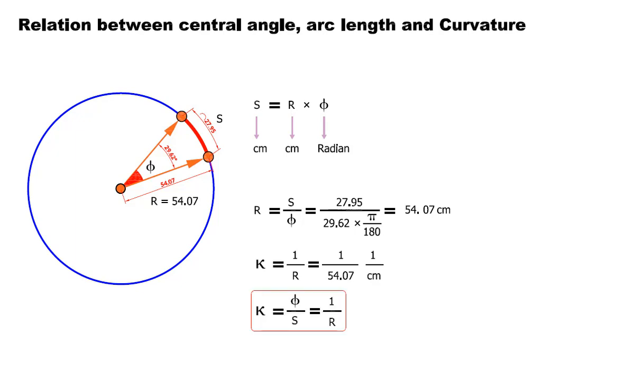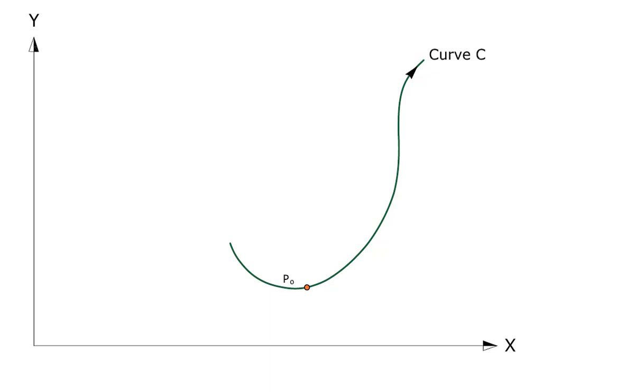So let us keep this equation in mind because we will need it later. Kappa equal to the central angle divided by the arc corresponding to that central angle, and also equal to 1 over r.